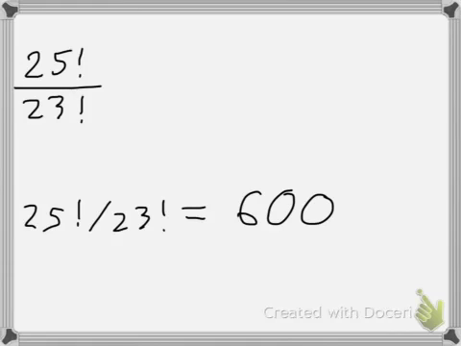Okay, so 25 factorial divided by 23 factorial is equal to 600 in the calculator.